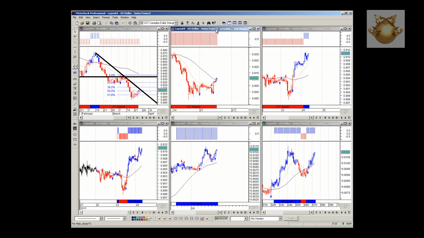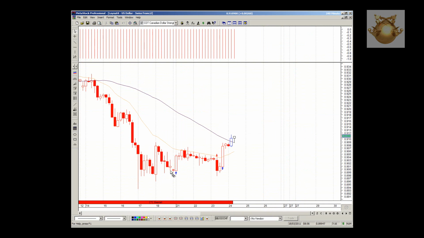You can see on our 4 hour, for example, posting higher swings and now breaking above the 50 period moving average. Candle has gone blue. CTC, however, is still not blue. Got to be aware of that. It's broken above a previous resistance, breakout.